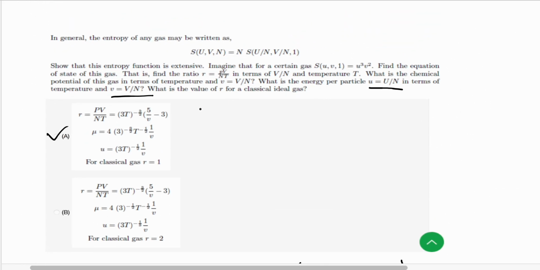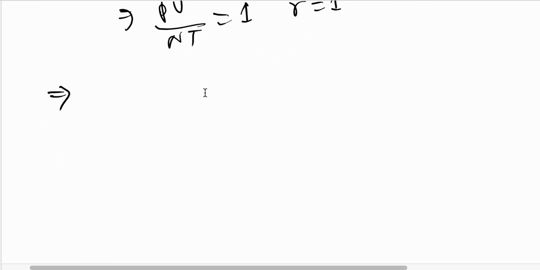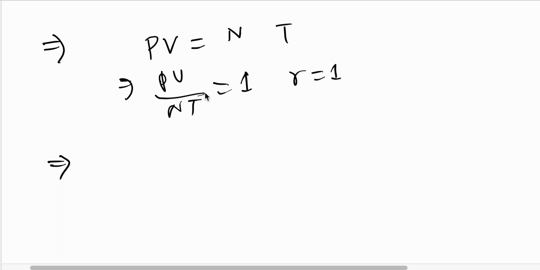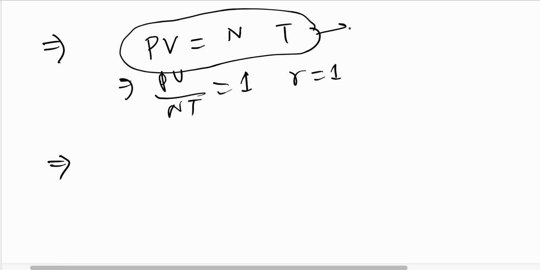Now, we will see the value of R in another way. We will actually derive this thermodynamic relation that we know, from the entropy of the classical ideal gas, since this equation is followed by the classical ideal gas.